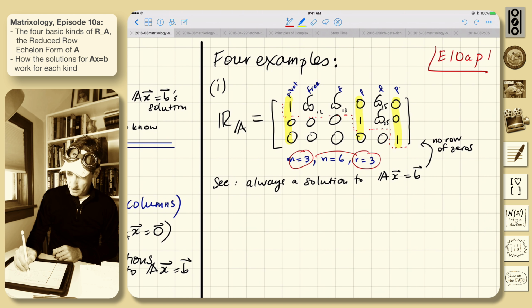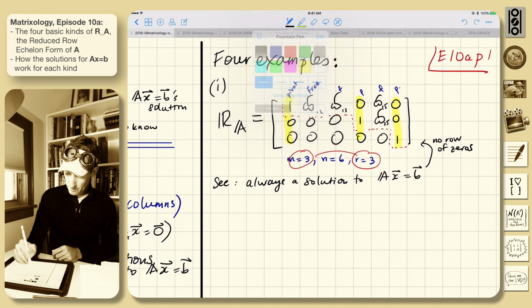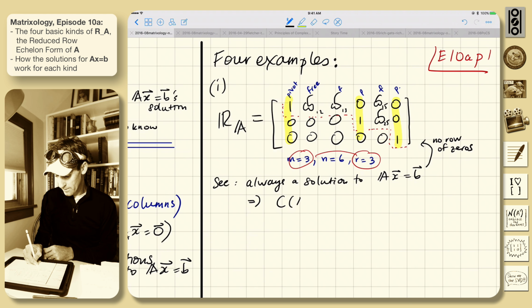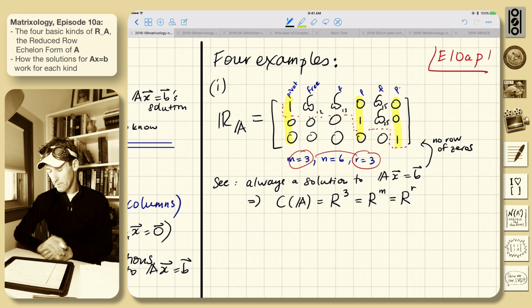And in this case, it means, and we're going to get to this, that the column space of A is equal to R^3, which in this case is equal to R^m, which is equal to R^r.